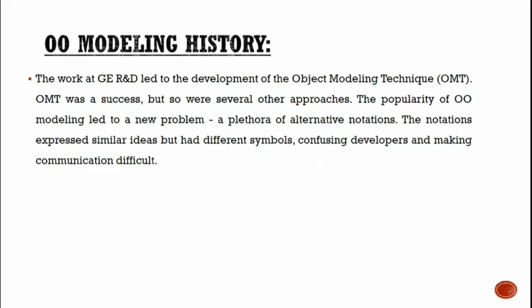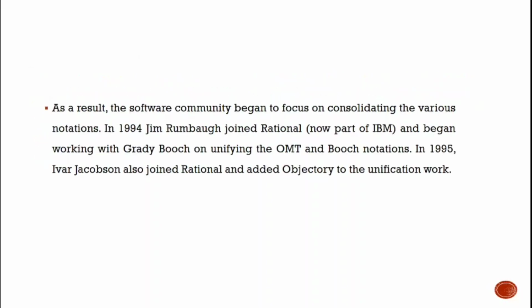The popularity of object-oriented modeling led to a new problem: the notations used symbols similar to other mathematical symbols, which confused developers and made communication difficult while developing applications. As a result, the software community began to focus on consolidating the various notations, combining all the notations.